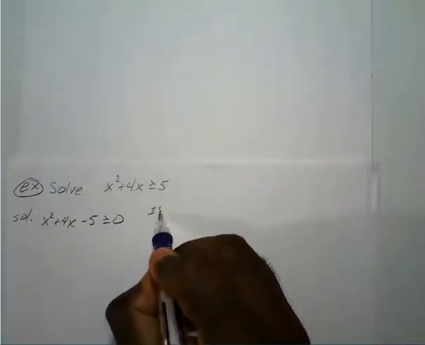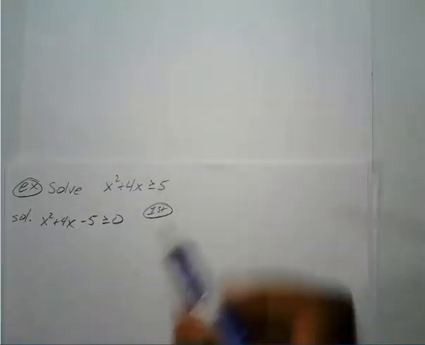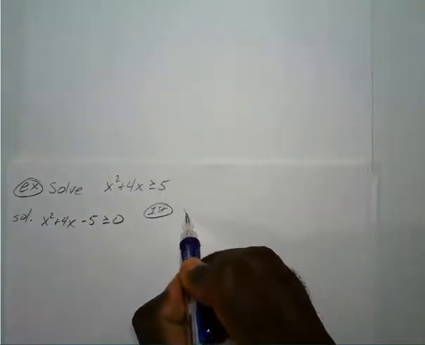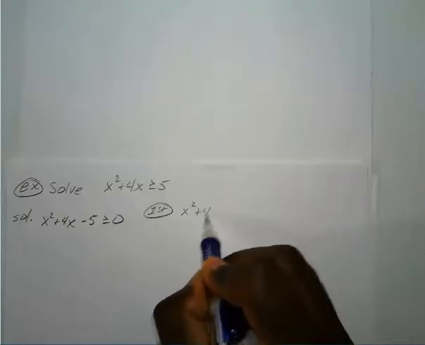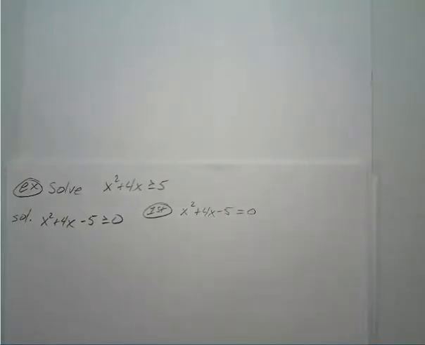So remember, for our first step, we have to solve this as an equality. So we have to solve x squared plus 4x minus 5 equals 0.